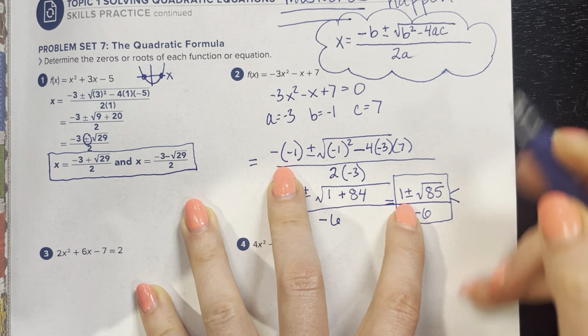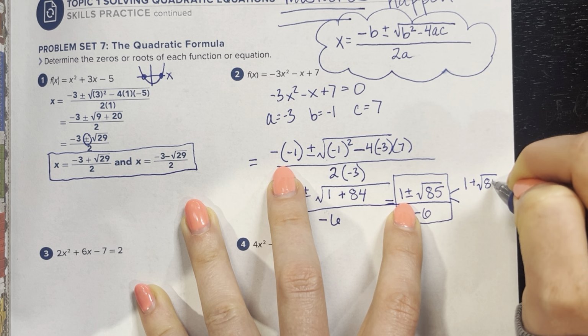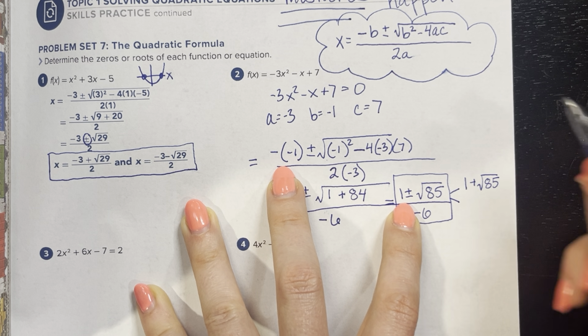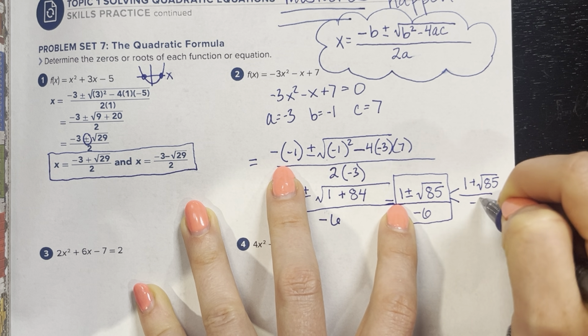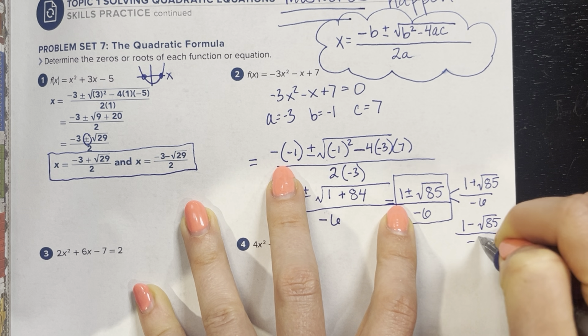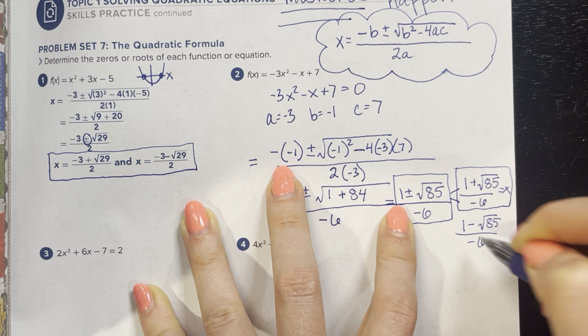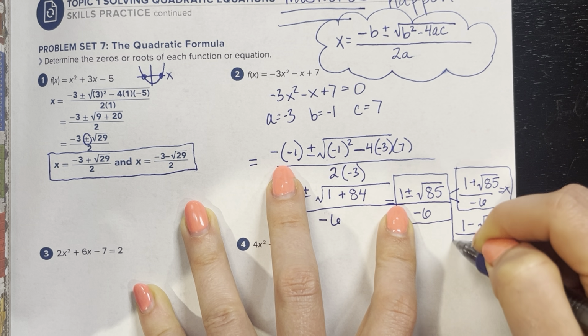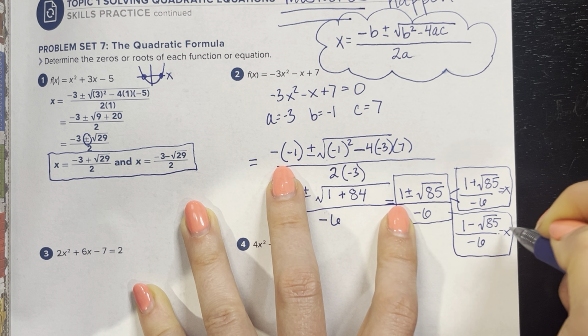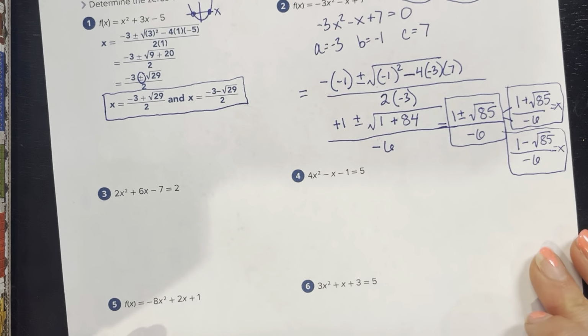It's either 1 plus this decimal, and I don't know what the square root of 85 is, 9 something, and then divided by -6. And there's also 1 minus the square root of 85 over -6. And this is the first x-intercept. You could also evaluate that, and this is the second. You do not need to find the decimal, though, so if you don't find the decimal, that's fine.